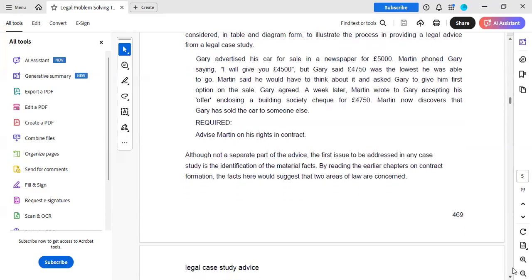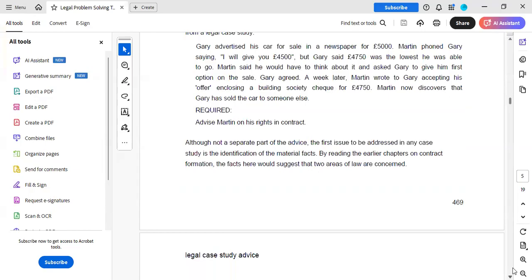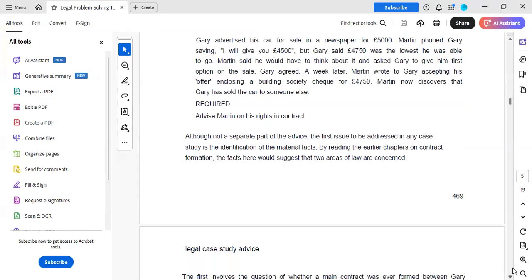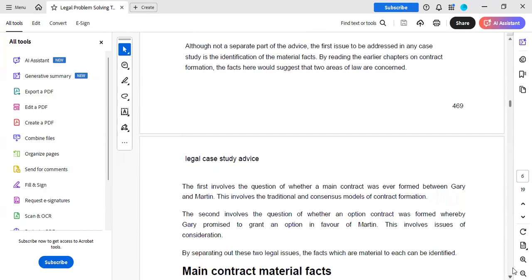Although not a separate part of the advice, the first issue to be addressed in any case study is identification of the material facts, like we said. By reading the earlier chapters on contract formation, as we did in class, the facts here suggest that two areas of law are concerned. So that gives you an idea. You get the material facts through the areas of law.